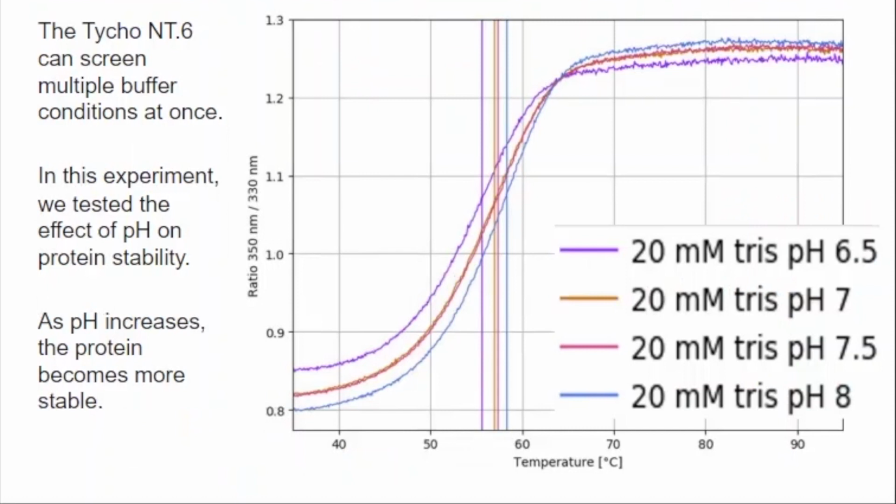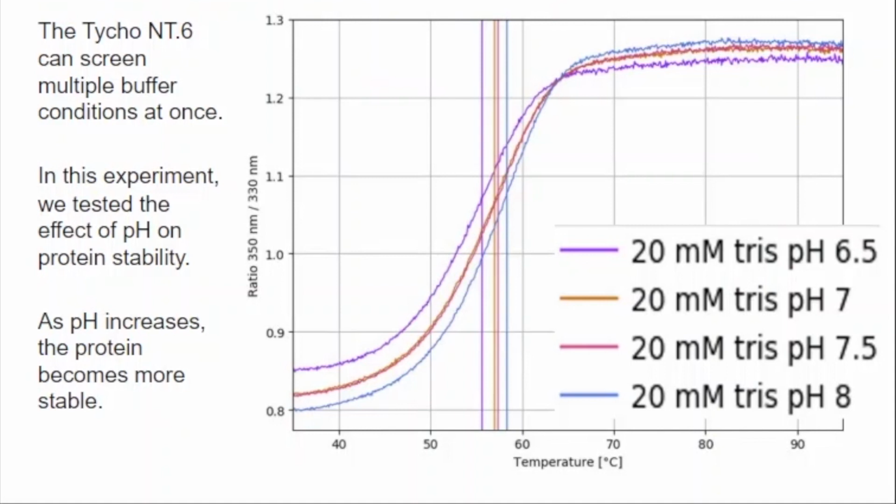So the next experiment we did was to dilute that protein into different Tris buffers at different pHs. We took that concentrated protein and diluted it 10 times into those Tris buffers, as detailed in the bottom right corner of the slide, and then retested them on the Tycho.